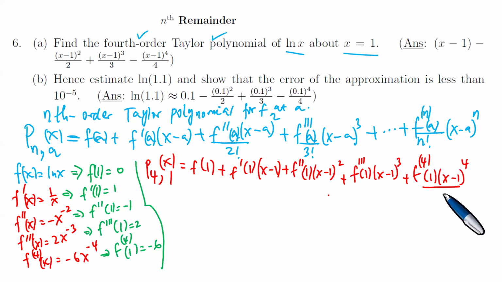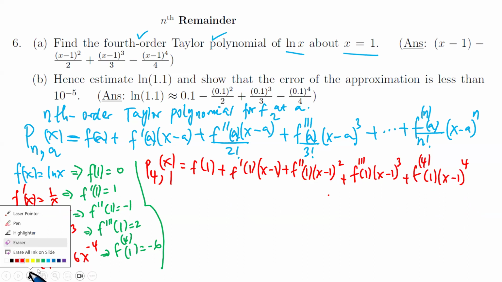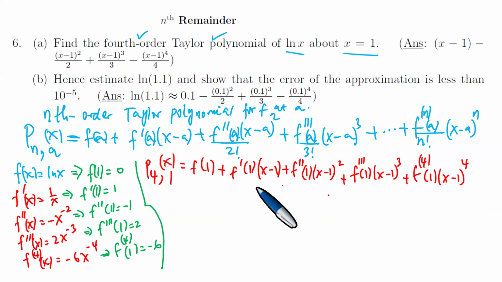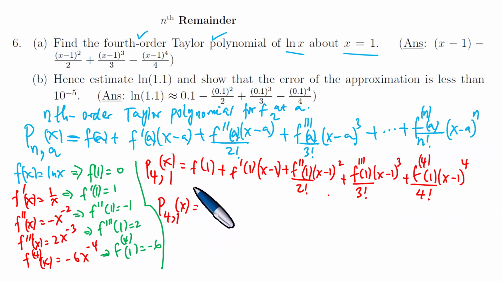Well, you can put it like that, but from the formula, you can just put it below the F. So that we have P4, 1 of X. What is F of 1?